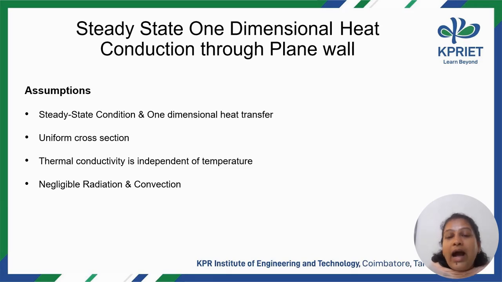But for the simplicity of this derivation, we assume that it is independent of temperature, so it is not going to vary. And the final assumption: since we are dealing with only conduction, we consider negligible convection and radiation.